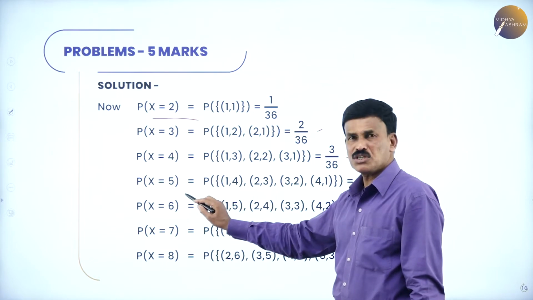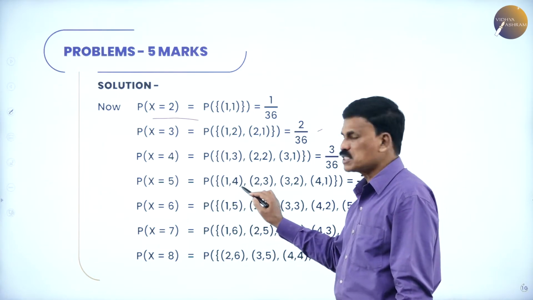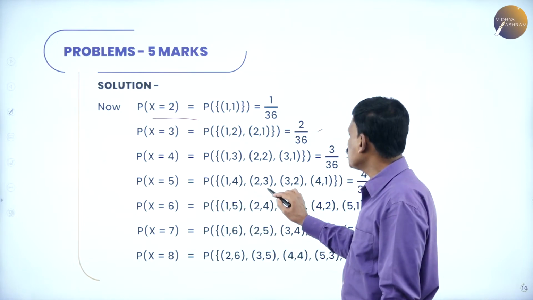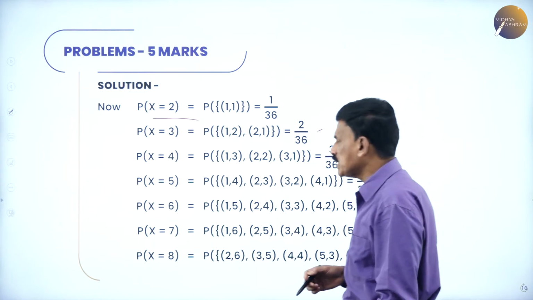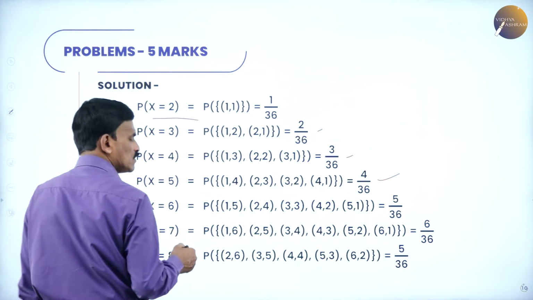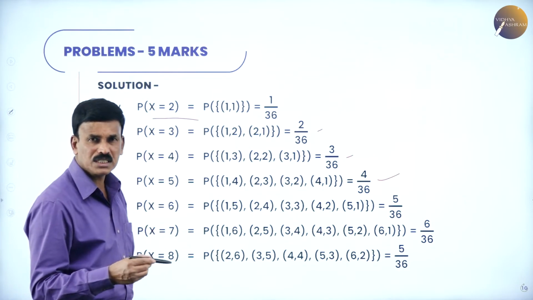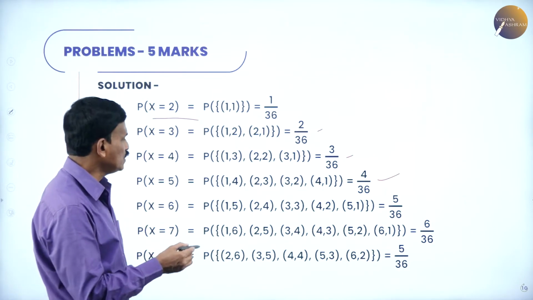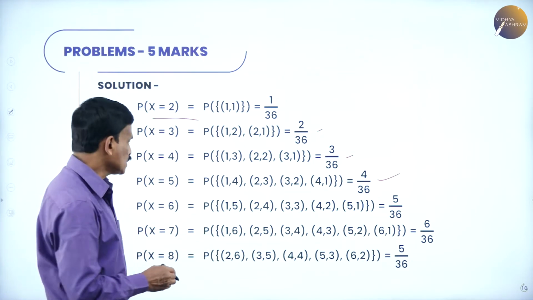Similarly, when x is equal to 5, the sum of the two numbers must be 5: 1 comma 4, 2 comma 3, 3 comma 2, 4 comma 1, so 4 events, 4 divided by 36. When x is equal to 6, the sum of the two numbers is 6 means 1 comma 5, 5 comma 1, 2 comma 4, 4 comma 2, 3 comma 3. So that is 5 divided by 36.